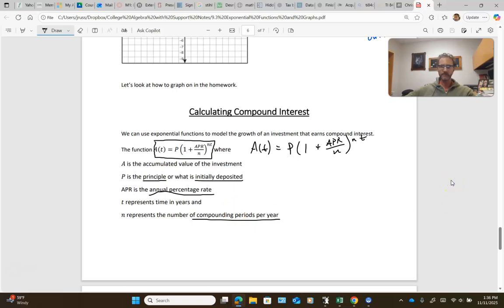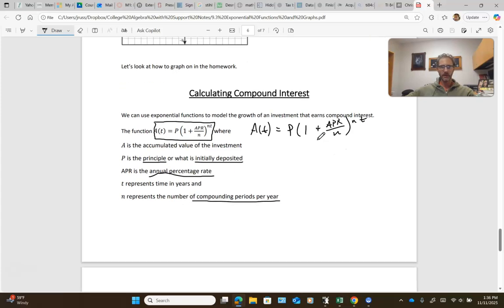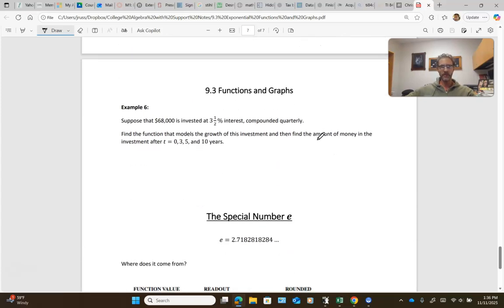Okay, all right, so let's take a look at an example. We're going to use a function just like this to model the growth of an investment, and try to figure out what's the value of the investment after X or t number of years. So example 6 here.